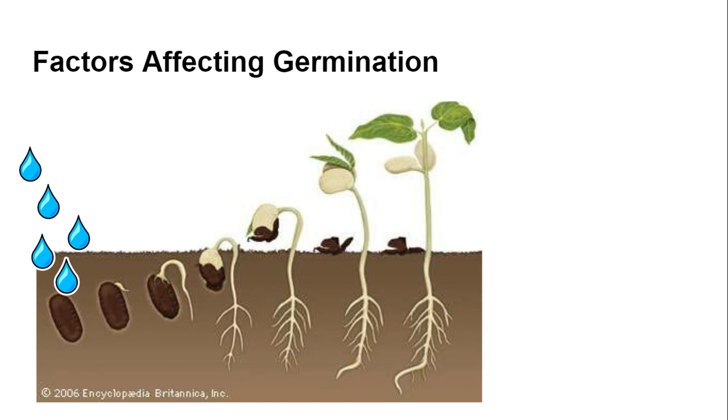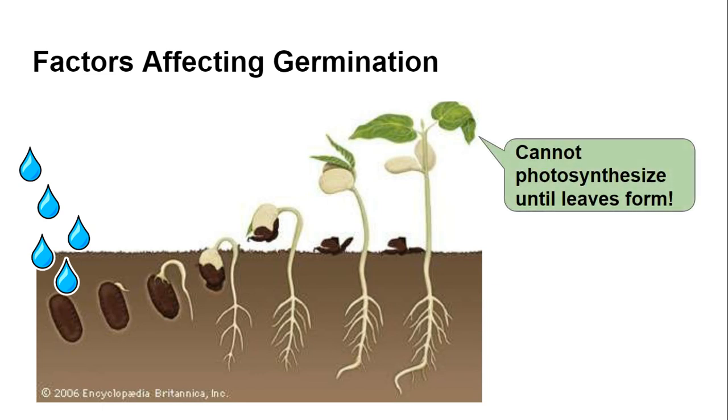Okay, so let's imagine we have a normal seed where it just needs water in order to germinate. If you think about kind of where this plant is headed, eventually it is going to need some light to make food for itself, but it's not going to be able to do that until its leaves form. The plant, again, like I said, doesn't actually necessarily need soil yet. Soil is going to be a source of nutrients and minerals for the plant.